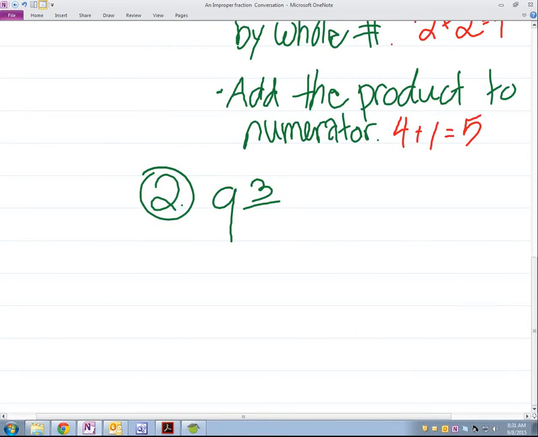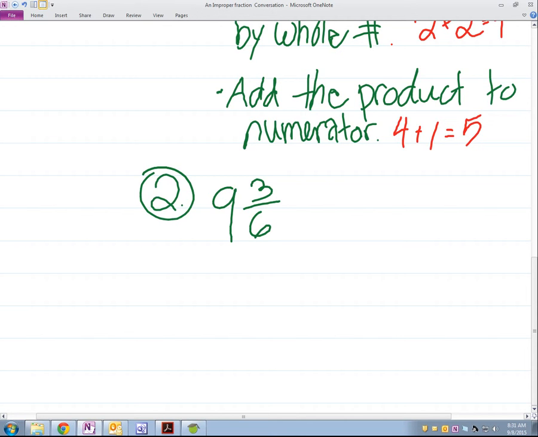Toby, give me a number that's bigger than 3. 6. Okay. We have a 9 and 3/6. Yeah. It is 9.5. But you might get one of these.